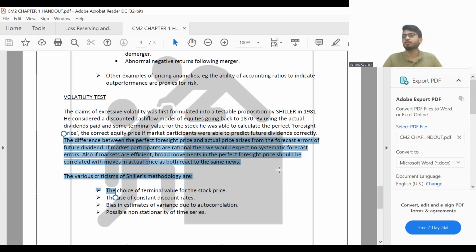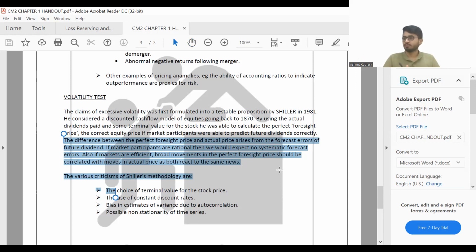My actual price should increase or decrease when there is an increase or decrease in dividend, and my foresight price should also be reacting to the same news. So the direction as well as the quantum of the movement of the actual price as well as the foresight price should be the same.